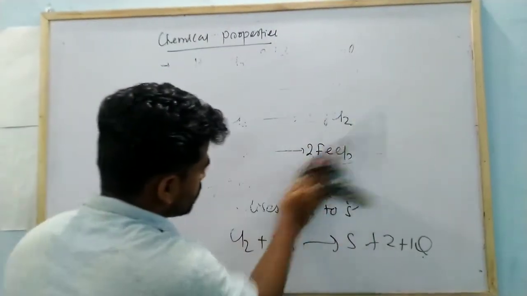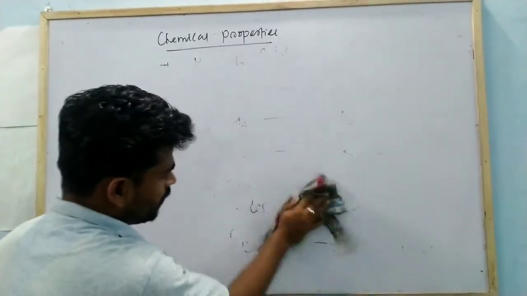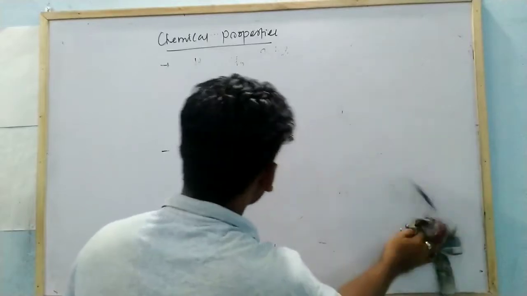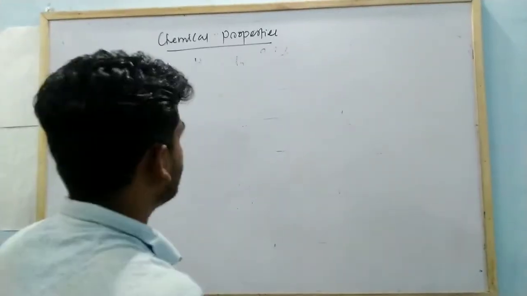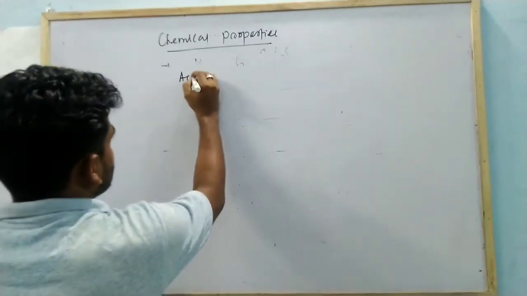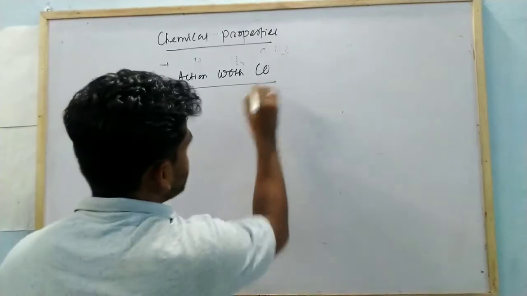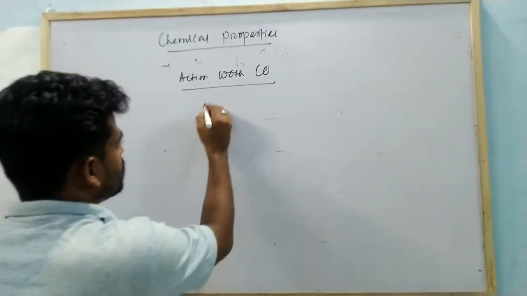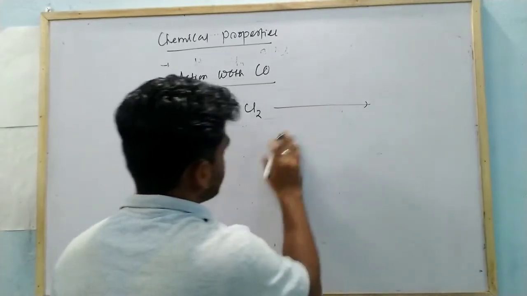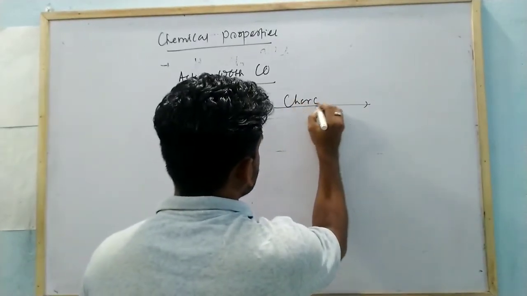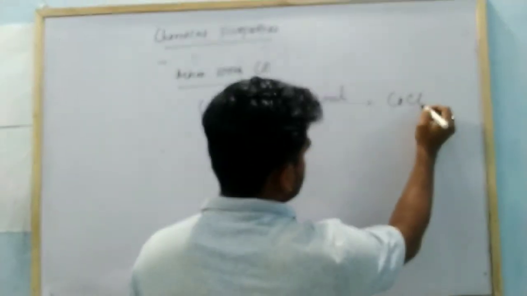If I consider the reaction of chlorine with carbon monoxide, the reaction of carbon monoxide plus Cl2 is taken over charcoal. You get COCl2.